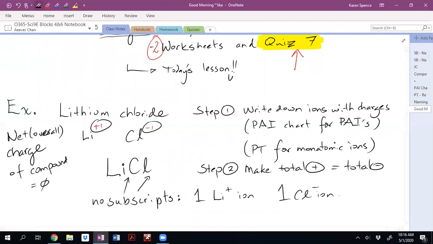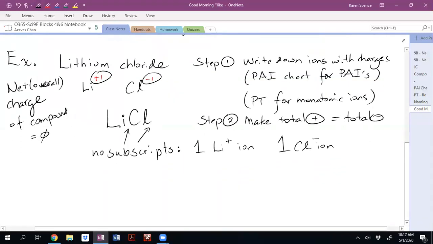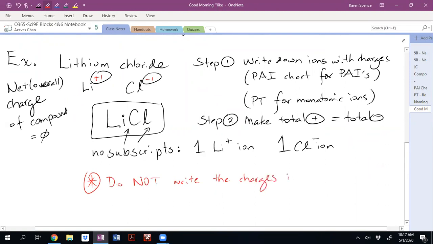One thing I want you to notice is that when you write the formula of the compound, I don't want to see the charges. Okay? Do not write the charges in the compound. So I guess step 1, write down the ions with their charges.